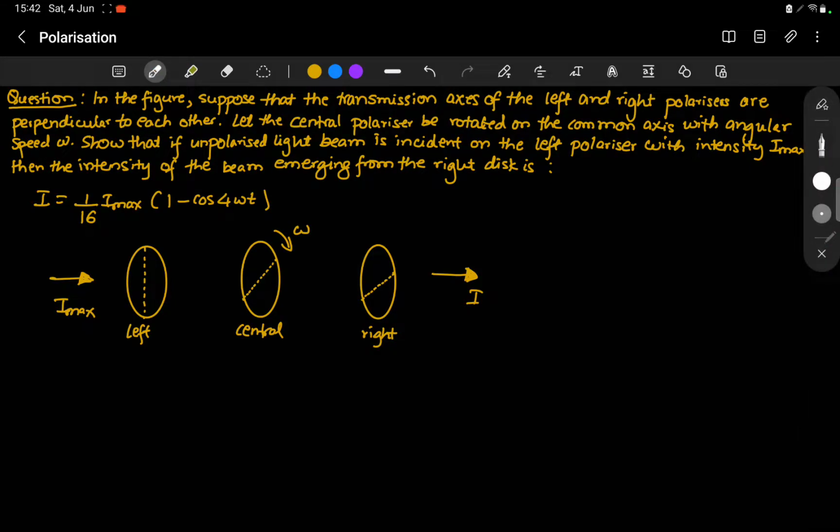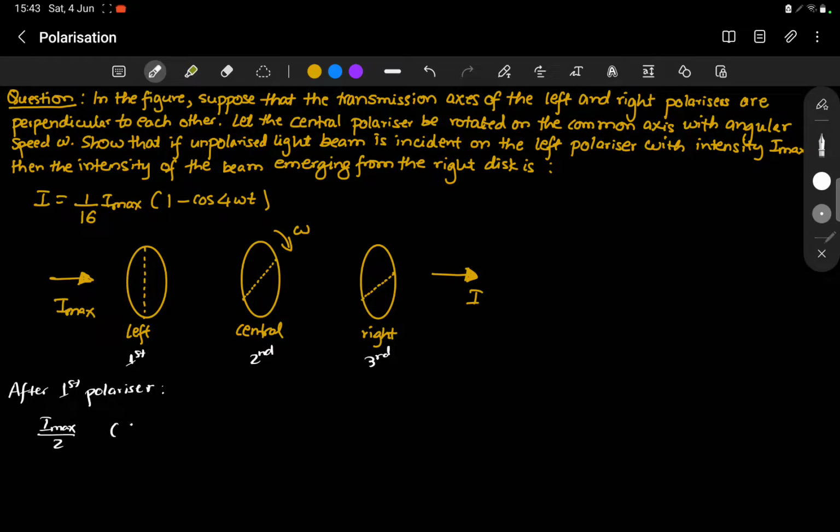Since we have unpolarized light coming in, let us call this first, let us call this second, and let us call this third. So since unpolarized light is incident on the first polarizer, after the first polarizer, the intensity is going to be I max over 2.